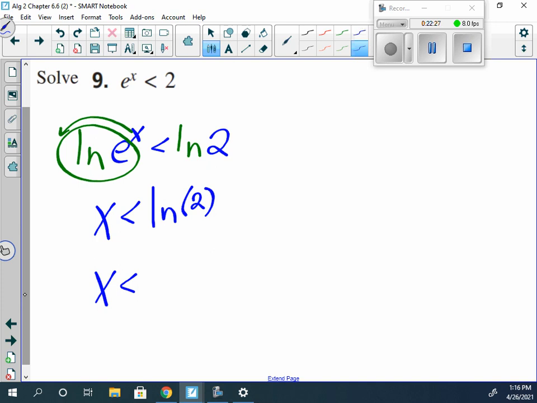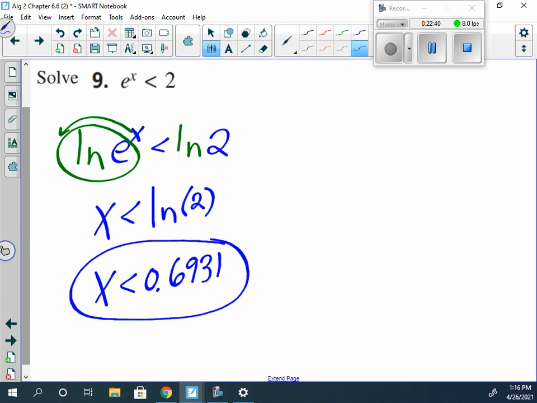At this point, I just need to find the natural log of 2. What did we get? 0.6931. And that's all we have to do for these here.